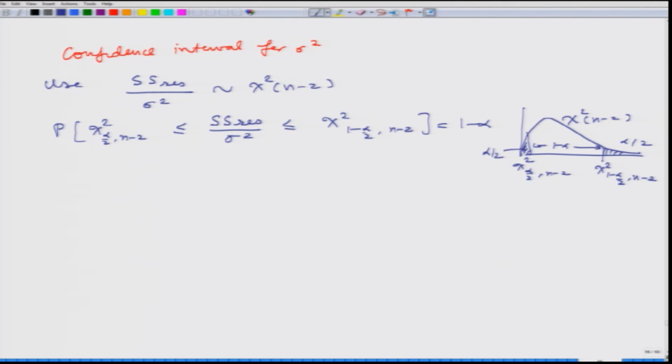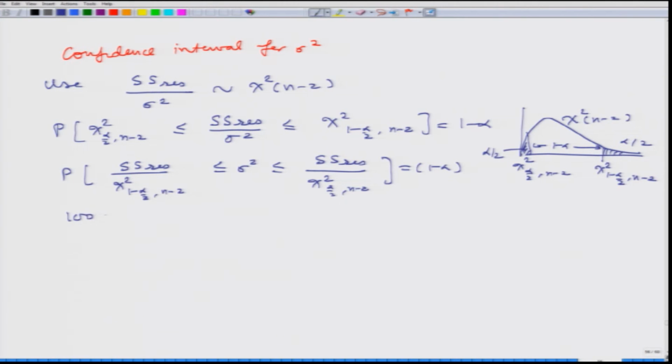So, now if you try to solve it, this becomes simply SS_res divided by chi-square with 1 minus alpha by 2, n minus 2 less than or equal to sigma square, less than or equal to SS_res over chi-square with alpha by 2 and n minus 2 degrees of freedom, with probability equal to 1 minus alpha.